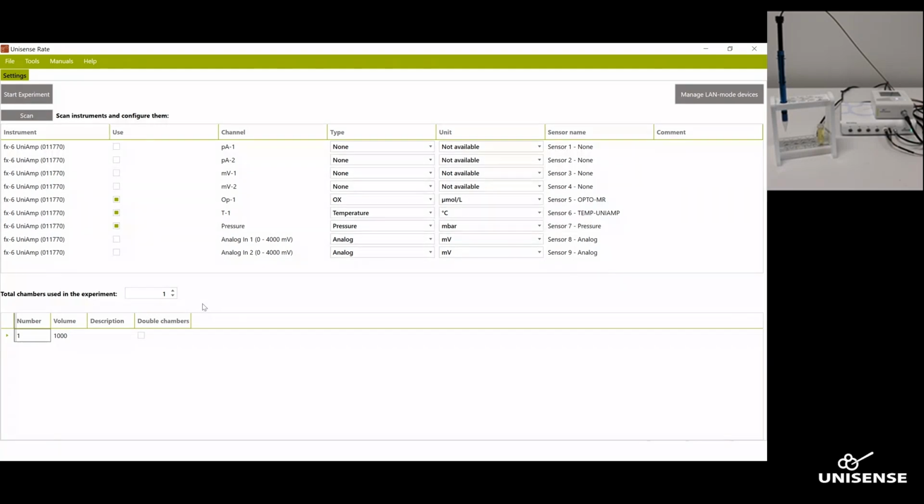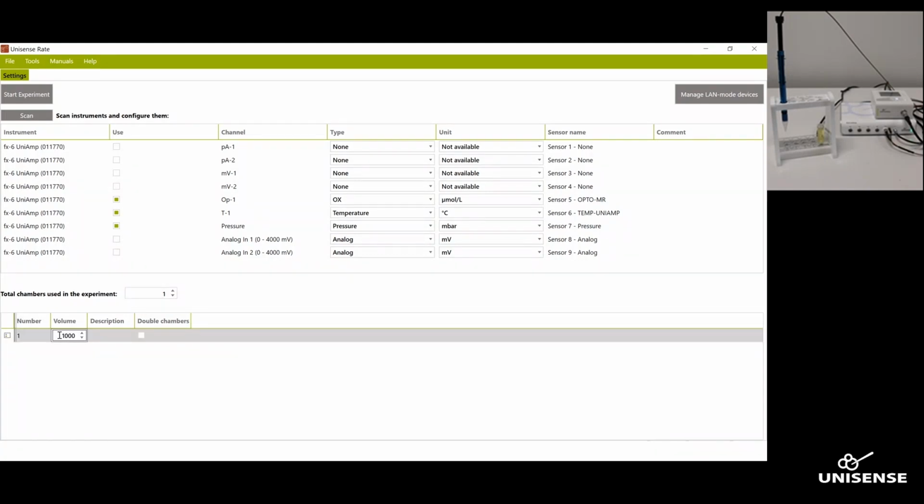Then we are going to put in how many glass chambers we are going to use. So you can just add the number of chambers that you would like to use here. I will just use one. And then you have to put in the volume of the chamber.